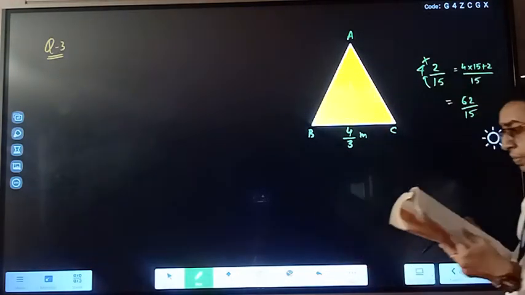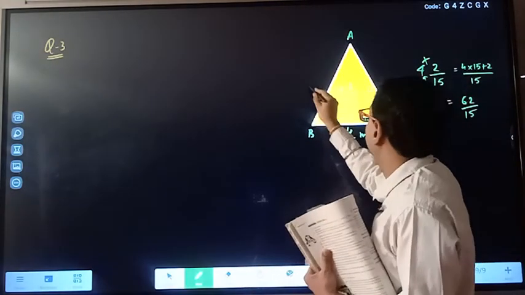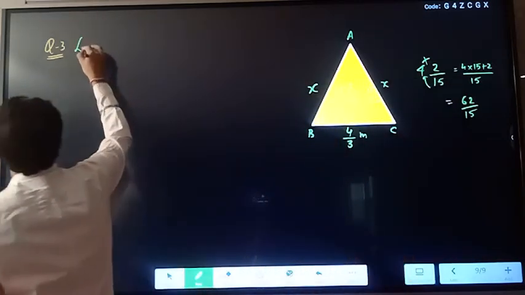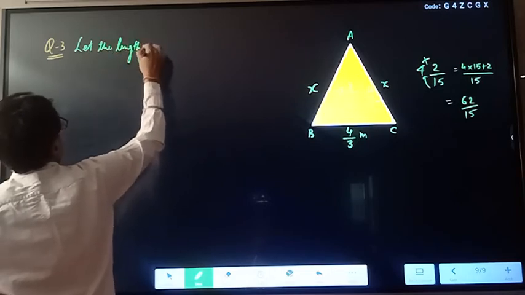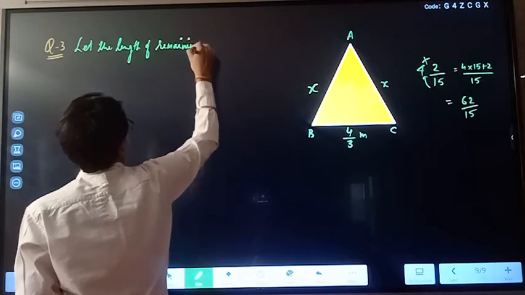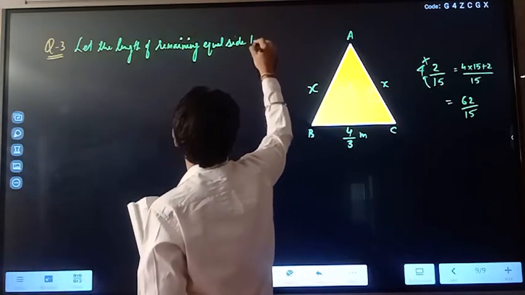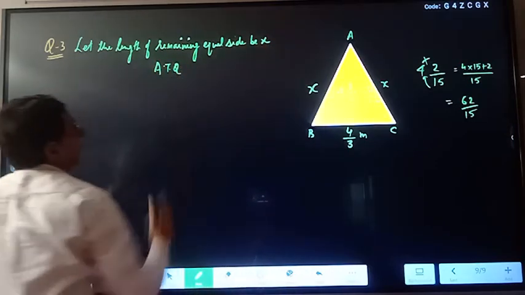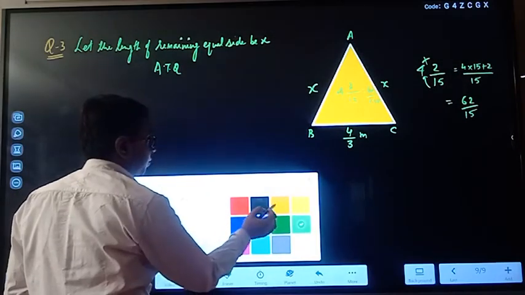He's asking, what is the length of either of the remaining equal sides? If this is an isosceles triangle, then these would be the equal sides. Let the length of the remaining equal side be x. Now, according to the question, perimeter of a triangle means moving along the boundary.